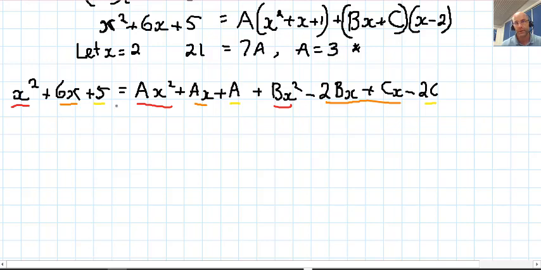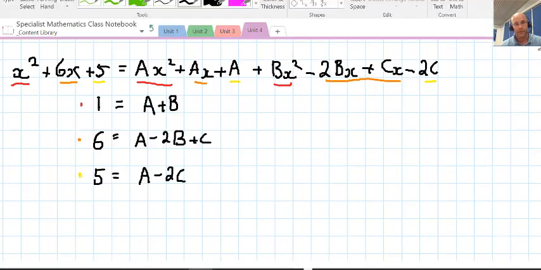It's a bit like eating a meal and saving your favourite bit to last. Eat all the bits you don't really like and then the favourite bit at the end. Perhaps it's not that good. So I've equated the red, orange and yellow according to the coefficients of x², x and the constants, and now we're going to sub in 3 in each case, and then get some handy equations.